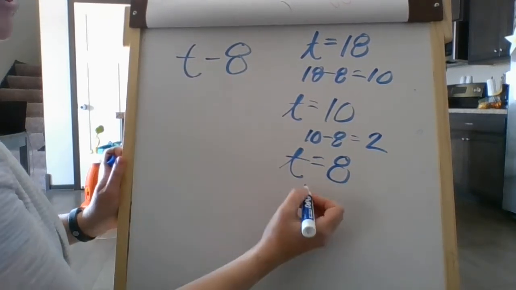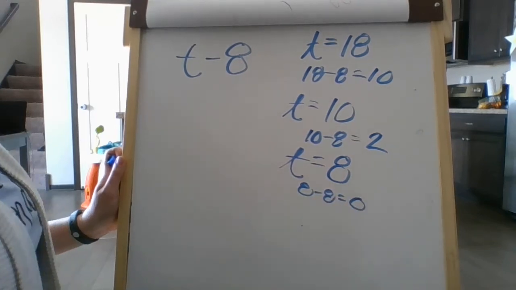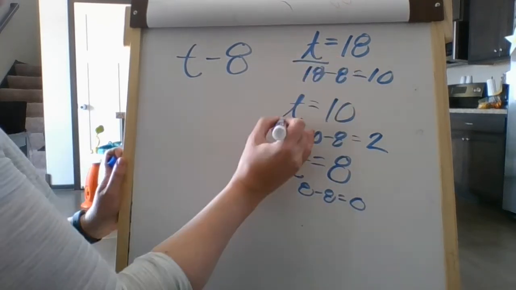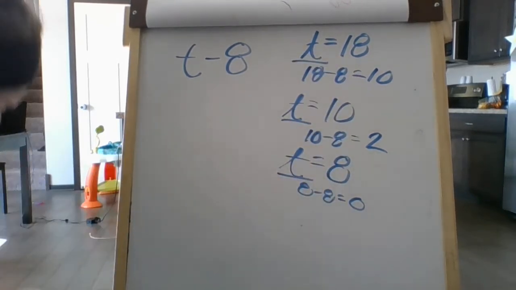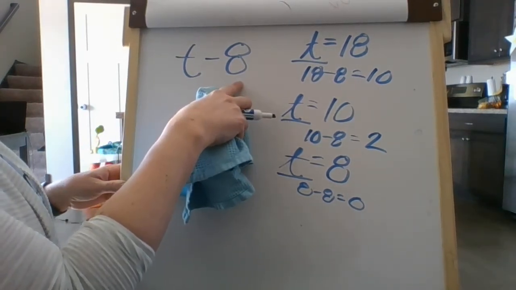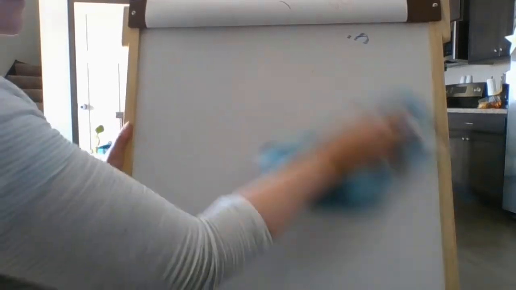We can do that substitution. 8 minus 8 is going to equal 0. So our answers are changing depending on what T is going to equal. Every single time, we'll start with an expression, and then they're going to tell you what that variable equals.